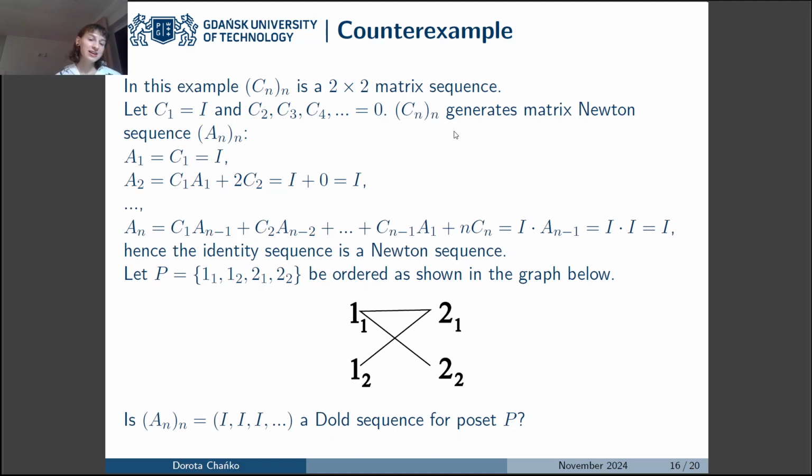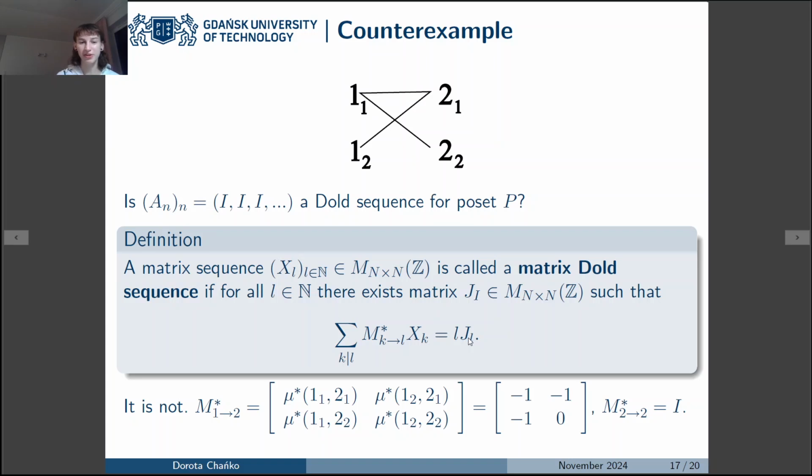And let's take the poset (1,1), (1,2), (2,1), (2,2), ordered as shown in the graph below. So here (1,1) is less than (2,2), (1,1) is less than (2,1), (1,2) is less than (2,1). And is A_n, the identity sequence, a Dold sequence for such poset P? So here's the definition of Dold sequence. If it is, then such equality must be true.